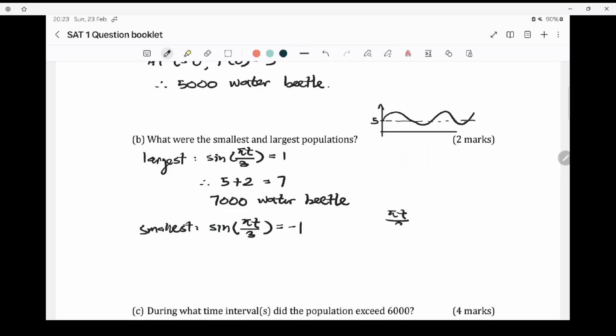Pi t over 3 equals 3 pi over 2. t will be 9 over 2. So it is 4.5, so this is possible. Therefore, the smallest will be 5 minus 2, which is 3. And in terms of beetles, this will be 3,000 water beetles.